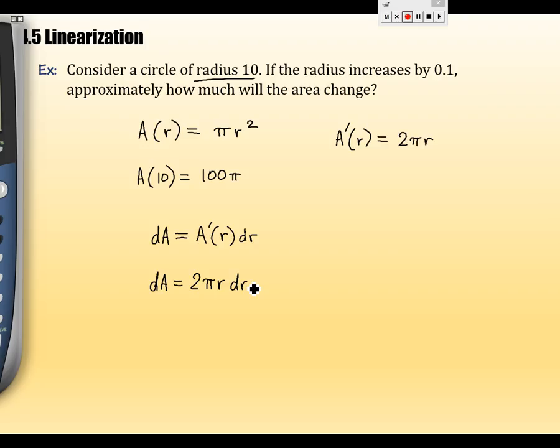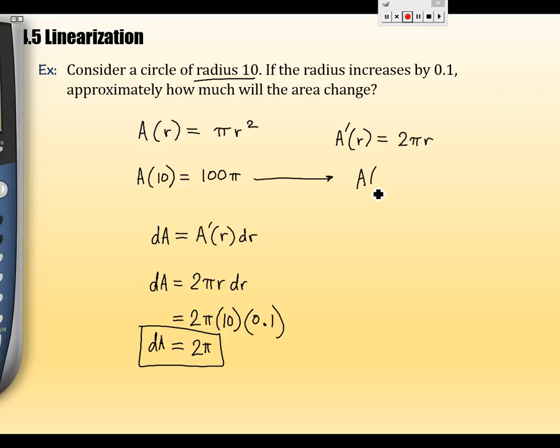Good. So now we actually have to answer the question too. So 2 pi times 10 times, what are we doing? 0.1 again? I love 0.1. Okay, that's good. So it just comes out to be 2 pi. That's the answer to the question that was asked. But I would just like to calculate what A of 10.1 is as well. It's going to be 10.1 squared times pi, whatever that is. Can you just do the subtraction here?